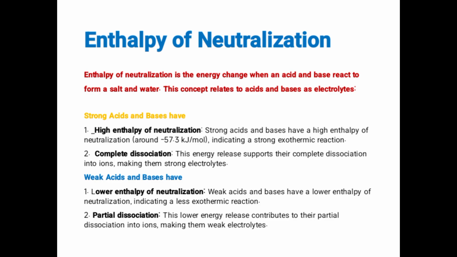Because of this high enthalpy of neutralization, we have the H plus from the acid and OH minus from the base to form H2O. Only strong acid and strong base can give this enthalpy of neutralization, since they have complete dissociation.